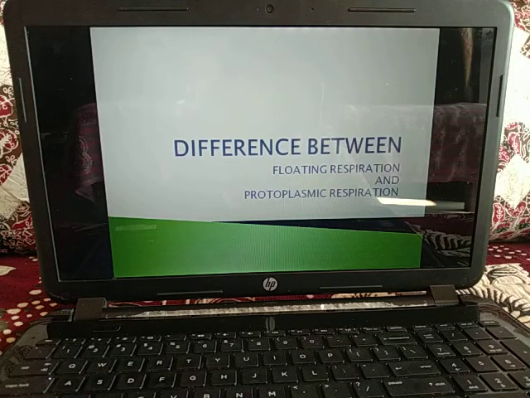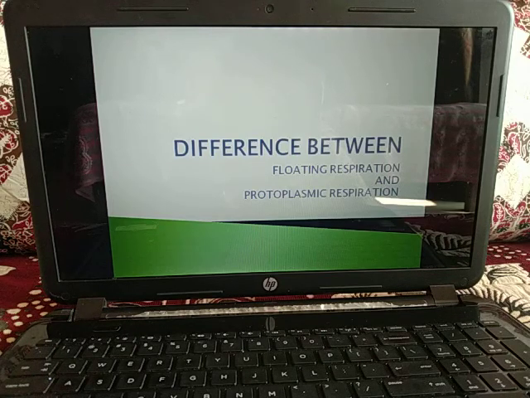Protoplasmic respiration occurs only for some period when carbohydrate or fat is not available, as during starvation.